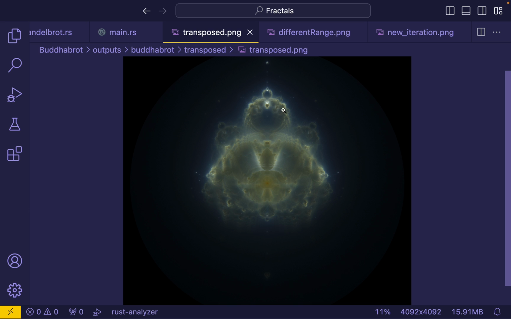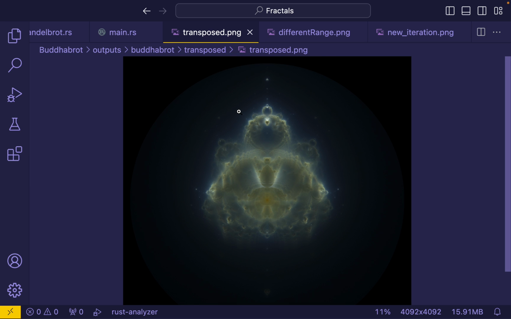So for this image, I chose 5,000 for red, 500 for green, and 50 for blue.